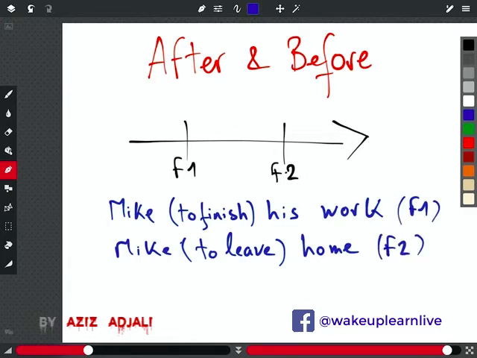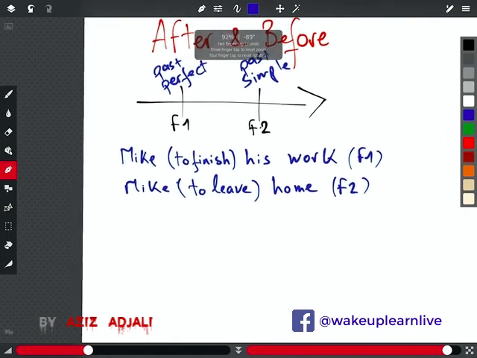So in this case, based on the grammatical rule, the first action, the older one, will be in the past perfect. The second action will be in the past simple. Okay, so it is as easy, as simple as that.